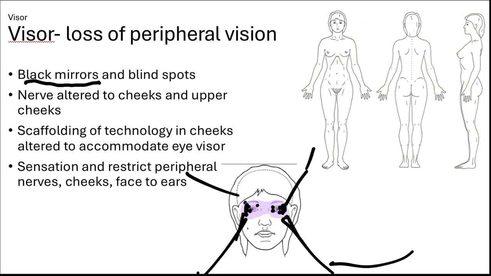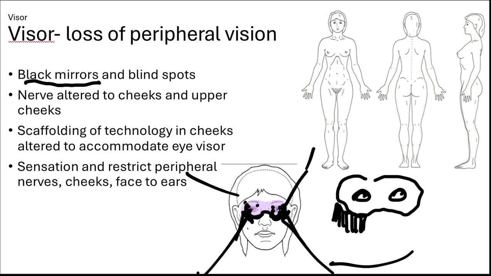Impacting the nerves, the cheeks or upper cheeks are altered to shape around the visor. It's sort of like a scaffolding of technology in the cheeks altered to accommodate the eye visor. So the design is to reinforce the focus on the eyes to be in this visor place.